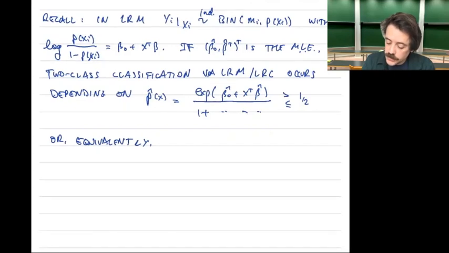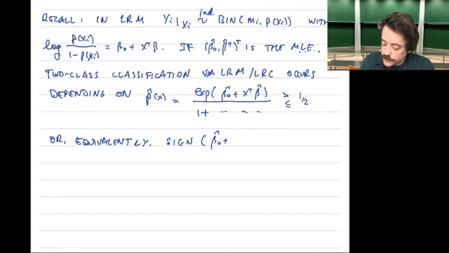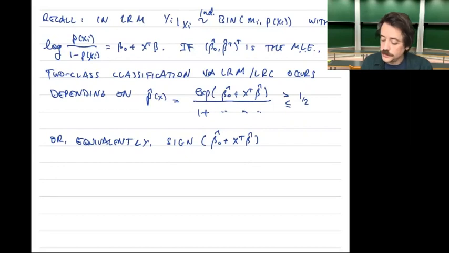If this is the MLE, the two-class classification via LRC occurs depending on this, or equivalently, depending on the sign of the quantity inside the function, right? So depending on whether this is greater than 0 or less than or equal to 0, right? Why am I writing this? Well, because this is really the quantity that we're going to be looking at.